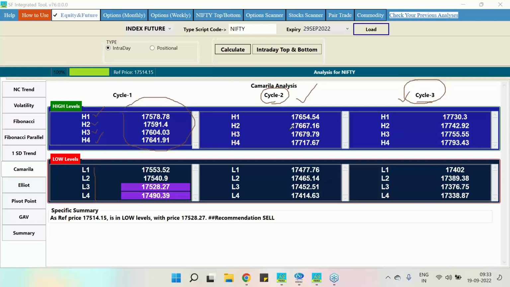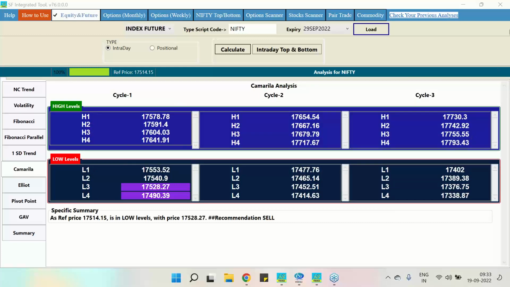What the Camarilla system says is that once price moves above the H1 level, we should buy, and whenever the price is drifting below the L1 level, we should sell.